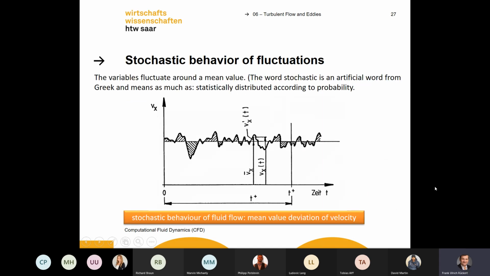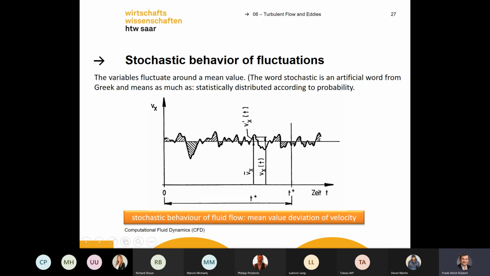How can we describe these fluctuations? You have the velocity, for example, in our pipe or in our nozzle, and normally we have the mean value of the velocities. That's logical: if you just make a calculation of fluid flow, you have a specific volume flow and a straight velocity, and that's it.